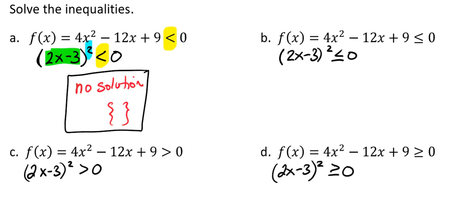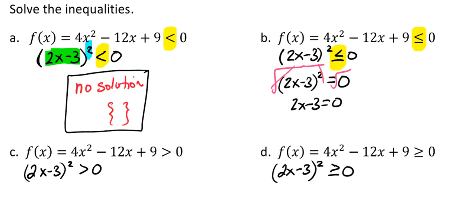Now the inequality for part B is the same, except this time it's less than or equal to, so that means 0 will work. What we're going to do is take our equation, 2x minus 3 quantity squared, and set it equal to 0, because we want to know what will make that a 0. We can square root both sides, and that gives us 0.